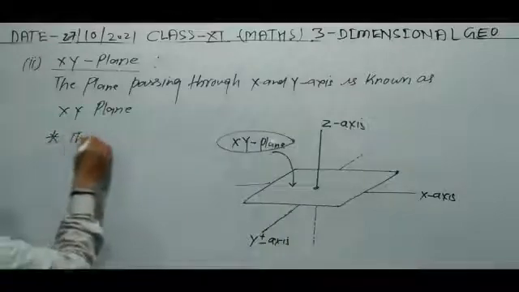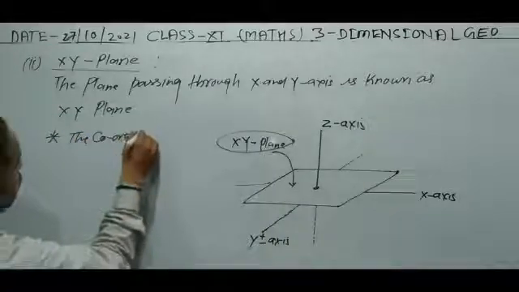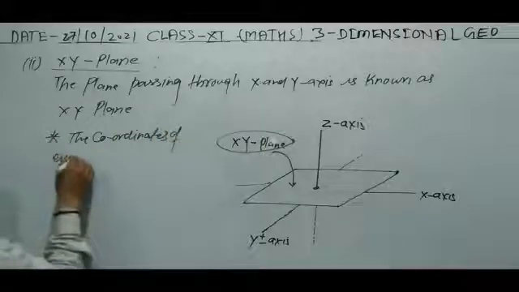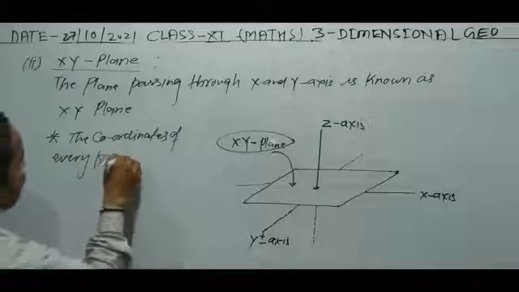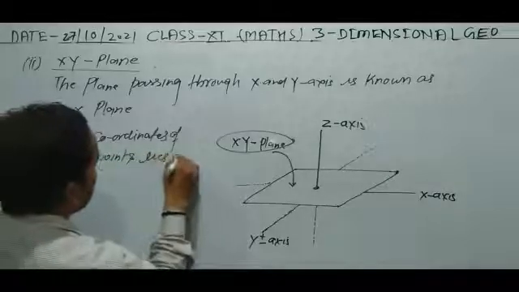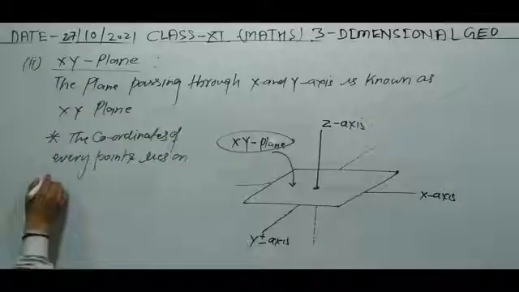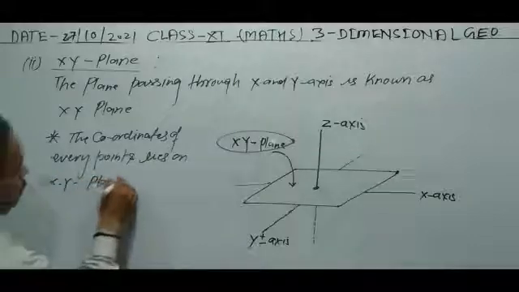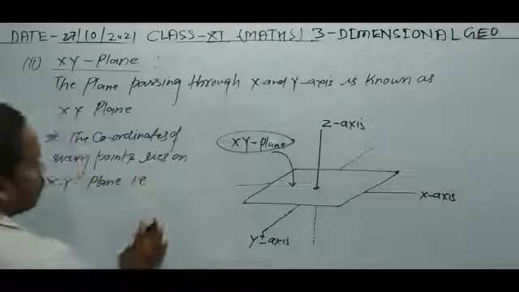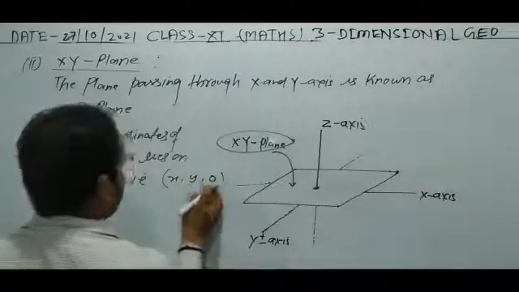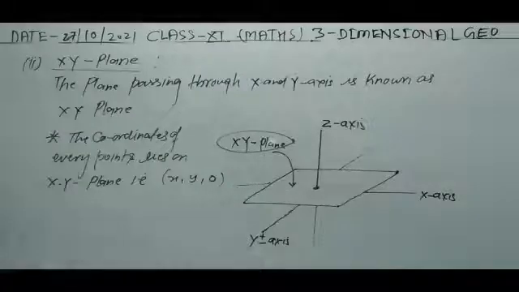The coordinates of every point lying on the xy plane are of the form x comma y comma 0, because the z coordinate is 0.